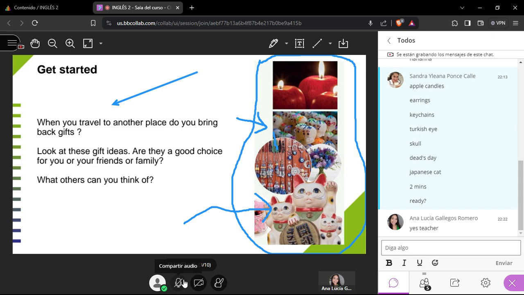Well, the first reason I don't usually do it is because I don't have space in my luggage. And then I'm not close with my family, like uncles, cousins. But if I buy something, it will be for my parents or my brothers.